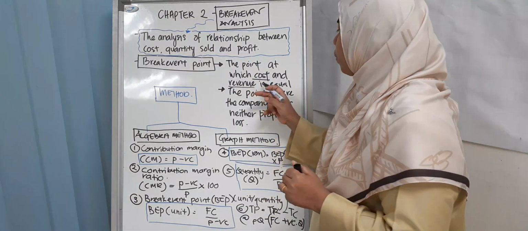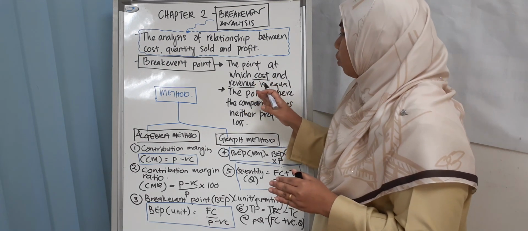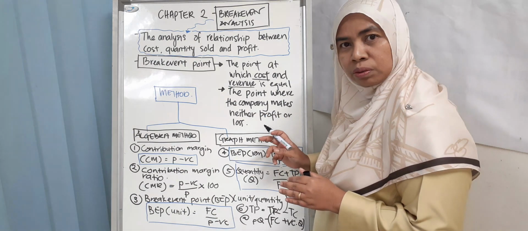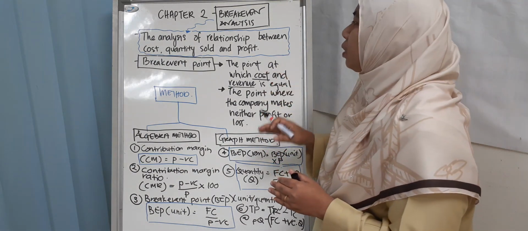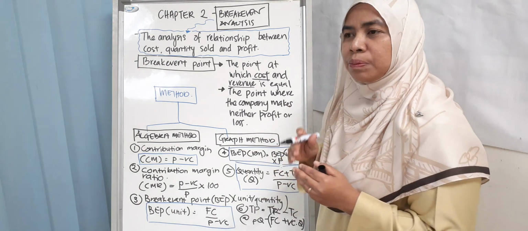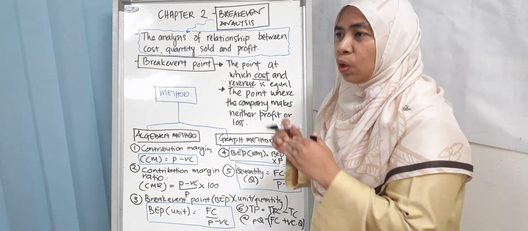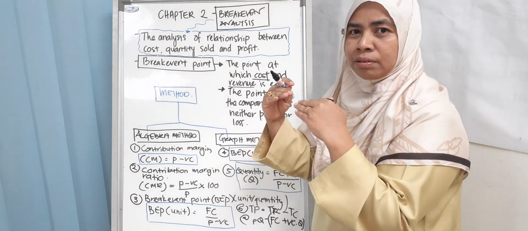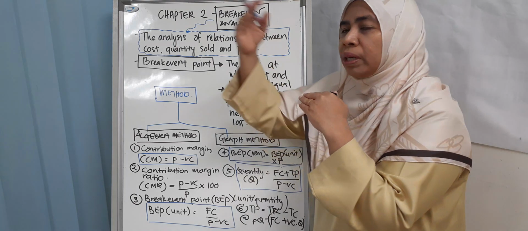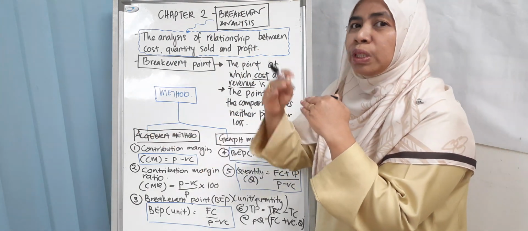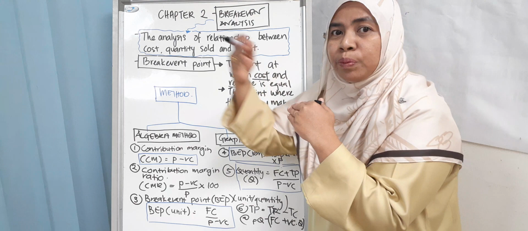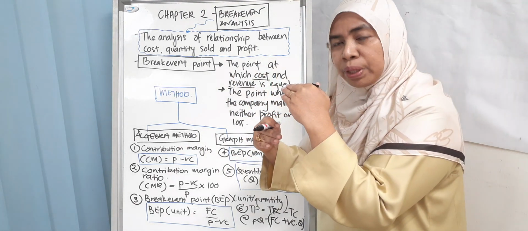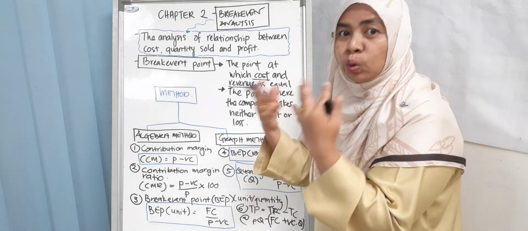It is also the point where the company makes neither profit nor loss. We use break-even in business to identify the exact benchmark. If we move more than the break-even point, that means we gain profit. And if we sell below the break-even point, that means you are at a loss, rugi, right?